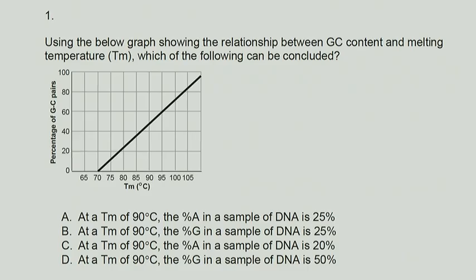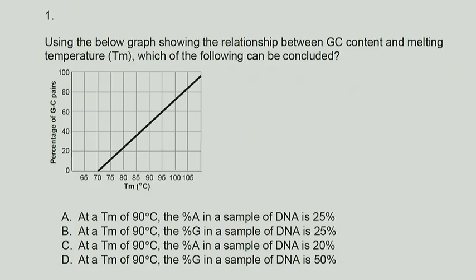Let me try to find a marker that works. So you have your reference graph. You go over to the 90C, you go up, you look across at the reference graph, and you see on this axis that we're at 50% GC.